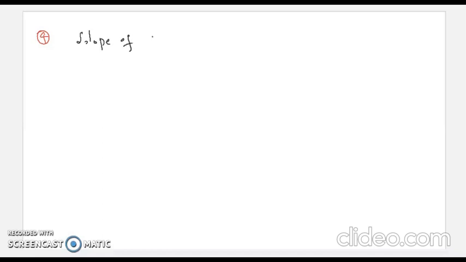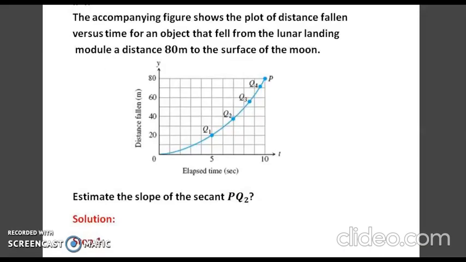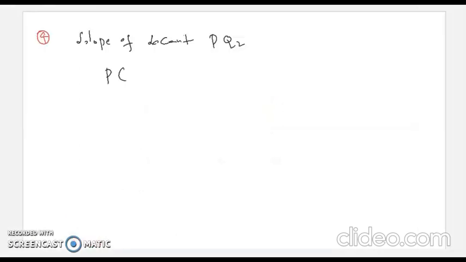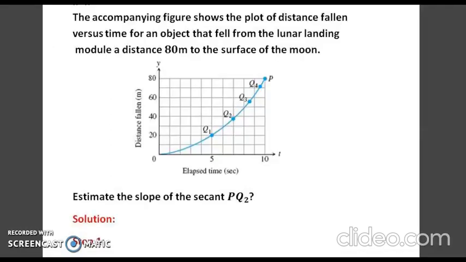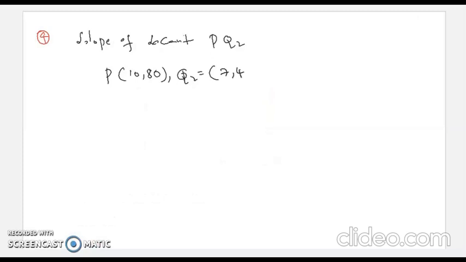Here, the slope of the secant PQ2. What is P here? P is 10 comma 80. Q2 is 7 comma 40.